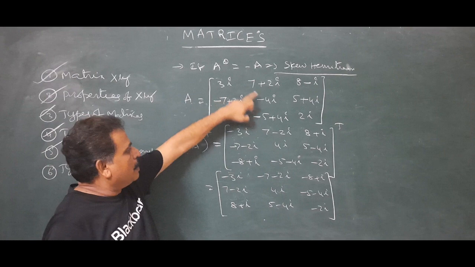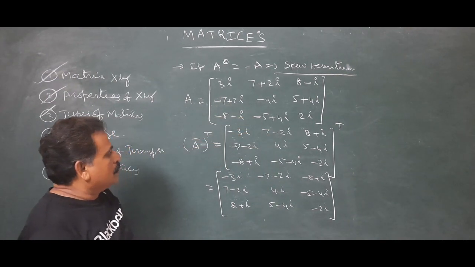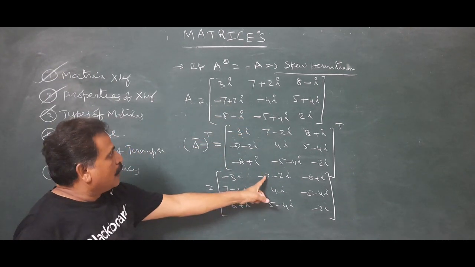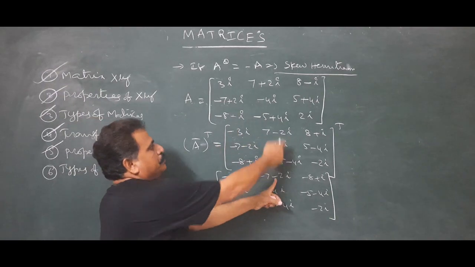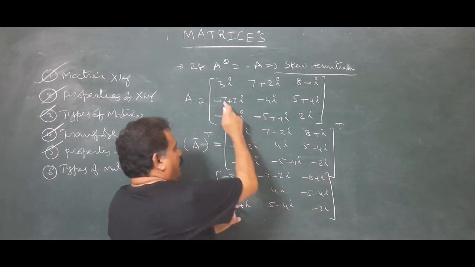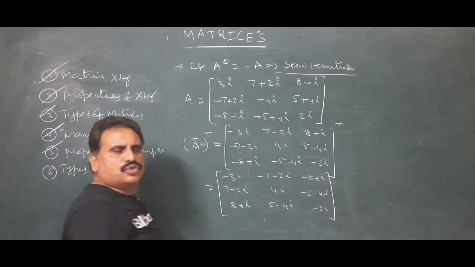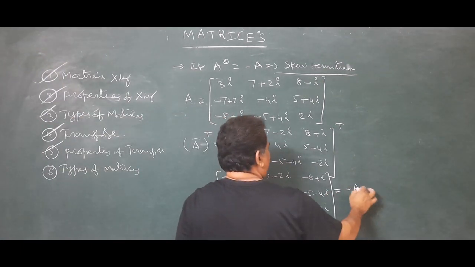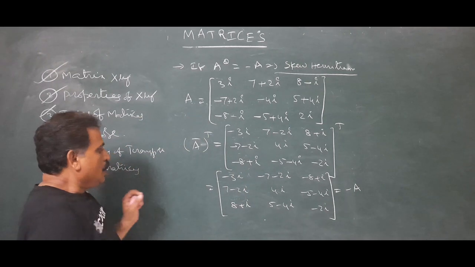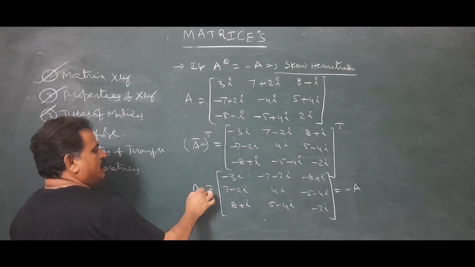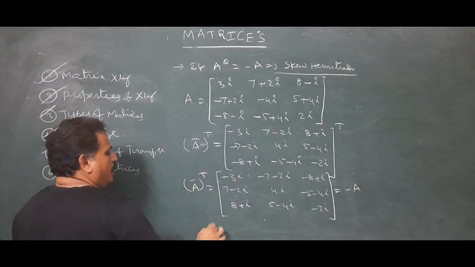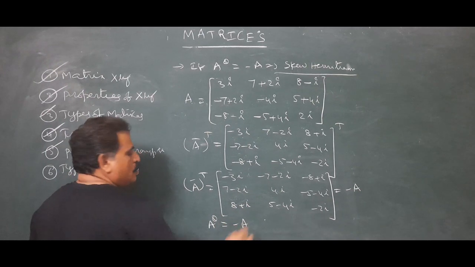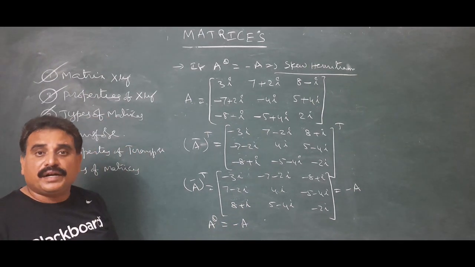Minus 3i, minus 7 minus 2i, this one. Minus 8 plus i, next 7 minus 2i. You check that. All the 9 elements, definitely it is equal to minus A. So, A bar transpose, that is nothing but A theta equal to minus A. So, it is a skew Hermitian matrix.